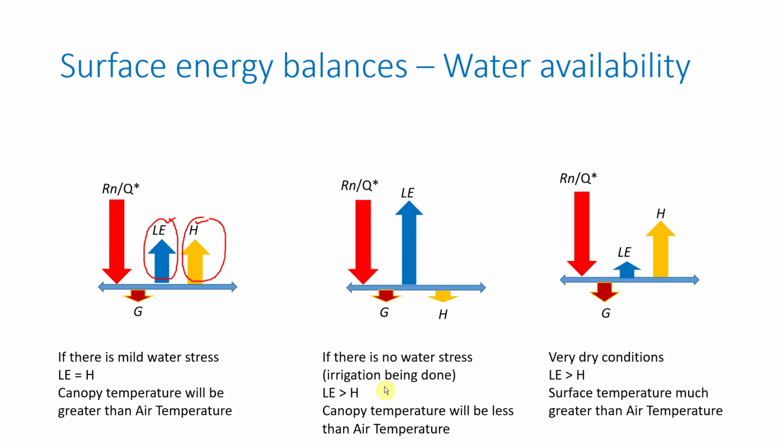If we go into the no water stress state, latent heat will be more than sensible heat. Canopy temperature will be less than air temperature. So when we see a lot of evapotranspiration, a good amount of latent heat, whereas we have negative sensible heat, it means there is more evaporation, and hence we will have a Bowen ratio less than 1, and in some instances negative, in the case of a well-watered system.